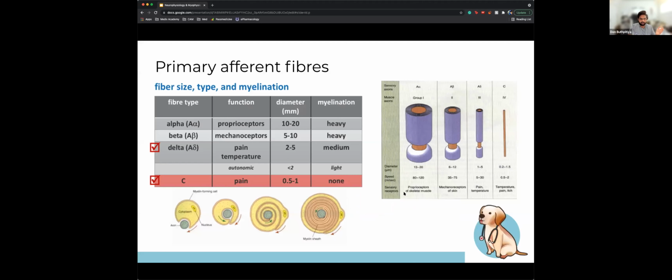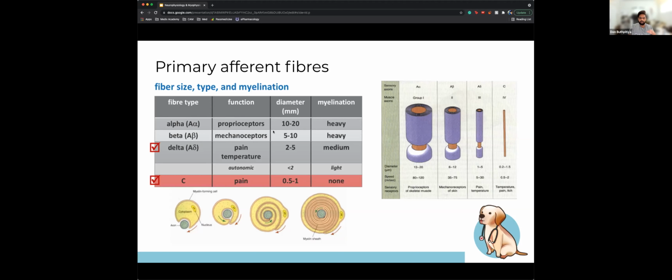Now, credit to PS Papa, which had a really good slide about all the fiber size, type, and myelination. I'm pretty sure this would have been on one of your lectures too. But a really important thing to remember: our large, myelinated alpha and beta fibers are for discriminative sensation. So if we're looking at picking up things or sensing where our hand is, for example, those will be our alpha beta.